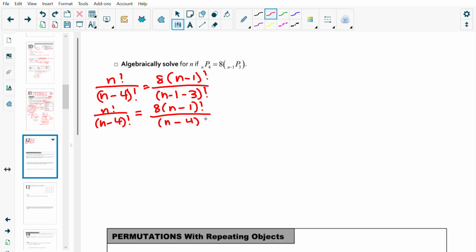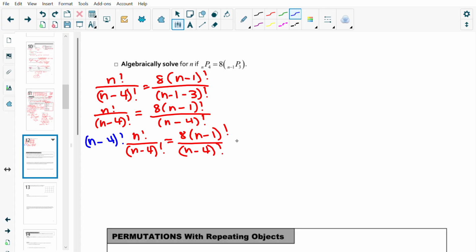If I multiply both sides by n minus 4 factorial, what happens?